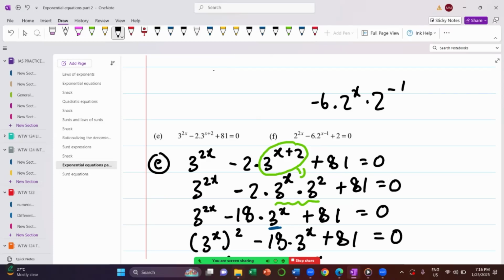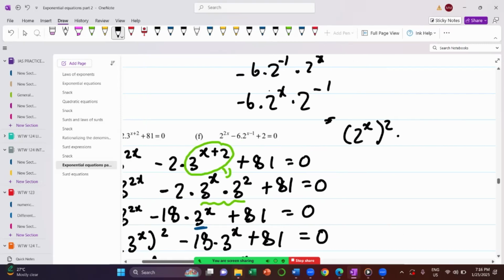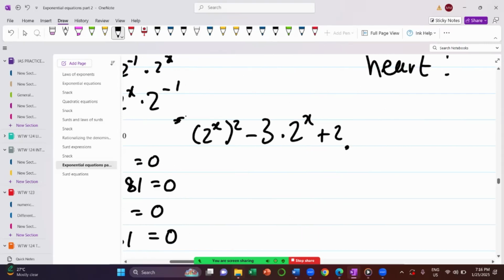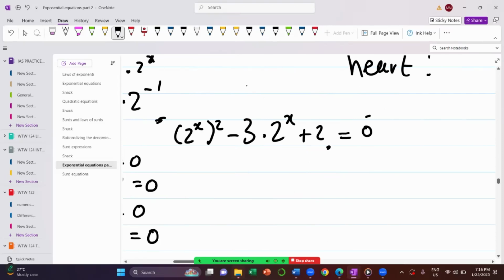Then I'm going to have negative 6 times 2 to the exponent of negative 1 times 2 to the exponent of x. You're going to get 2 to the exponent of x squared minus 3 times 2 to the exponent of x plus 2 all equal to 0.